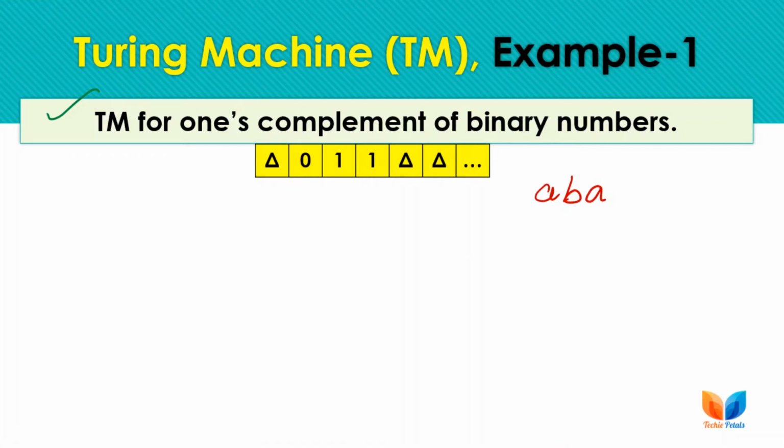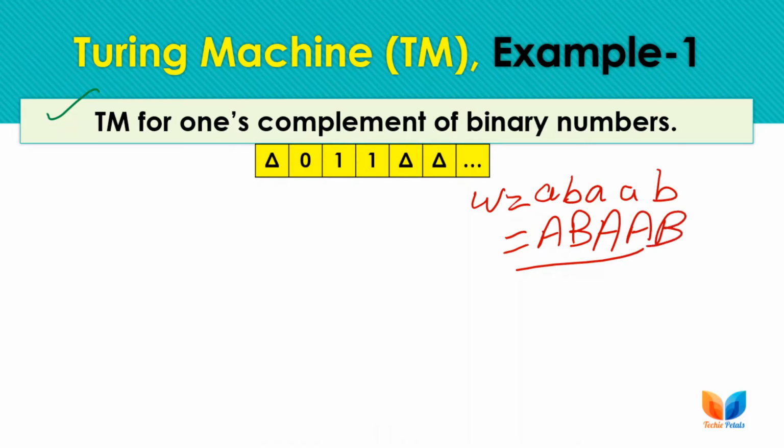If you remember from the previous lecture, this was the string and this was the output of the machine. If we have any other string like this, this will be the output. So there we were converting all the input symbols to capital letters over the inputs a and b.